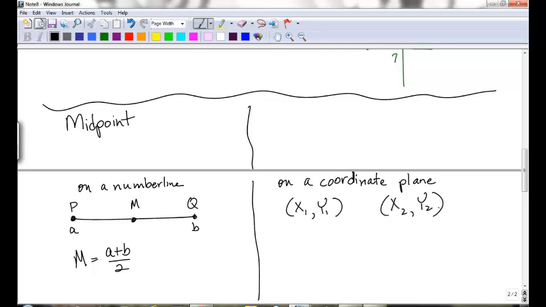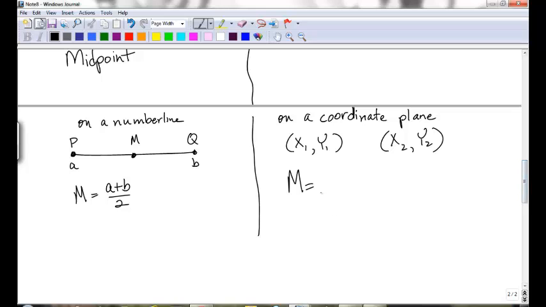That just tells you you've got 2 separate ordered pairs. Here's the formula. And you'll write the formula down every time they ask you to find the midpoint. You add the x's together and divide by 2. You add the y's together and divide by 2. Then that should be the one in the middle. Okay?